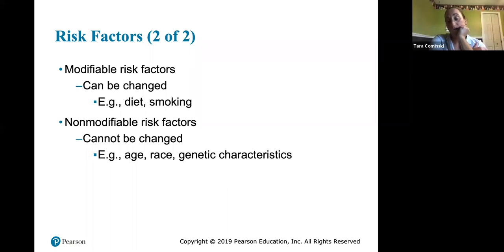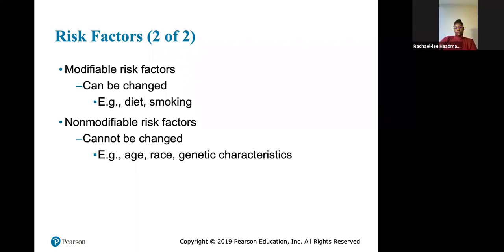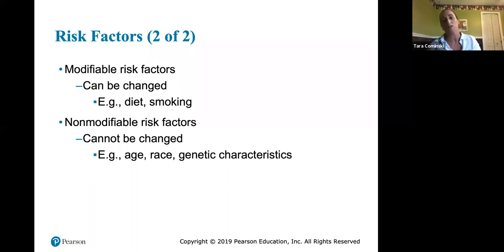A child may not be able to modify their diet, though their parent might be able to. What about monetary reasons or what's available to a certain community? You might think in your mind, well, why can't you change that? But maybe there are other factors that make it really difficult for them to change, right?